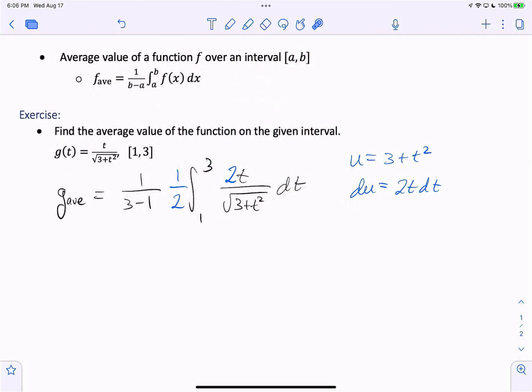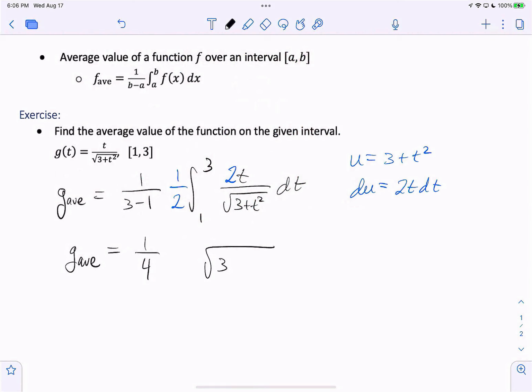I could do a full change of variables and turn this into u and make these u limits. If I did, by the way, 1 over 3 minus 1 would not change. But I'm not going to do it. So we end up with 1/4 out front. And then, look, this is 3 plus t squared to the negative 1/2, right? So add 1 to that exponent, it becomes a positive 1/2.